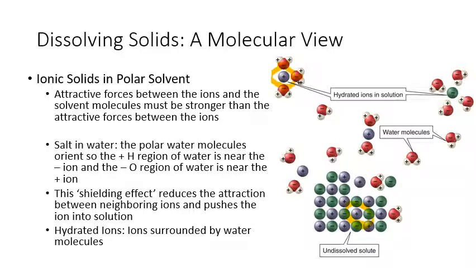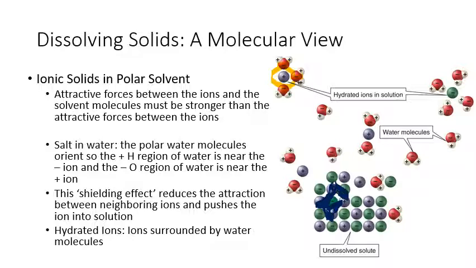So just like how in the salt, in the solid, the ion was surrounded by a bunch of negatives, and that was able to stabilize the molecule. In solution, that same ion is surrounded by a lot of negatives, and it's able to go into solution as well. And the same thing happens with the negative ion. So the negative ion here is surrounded by a bunch of positive ions in the ionic solid state, in the solute state.